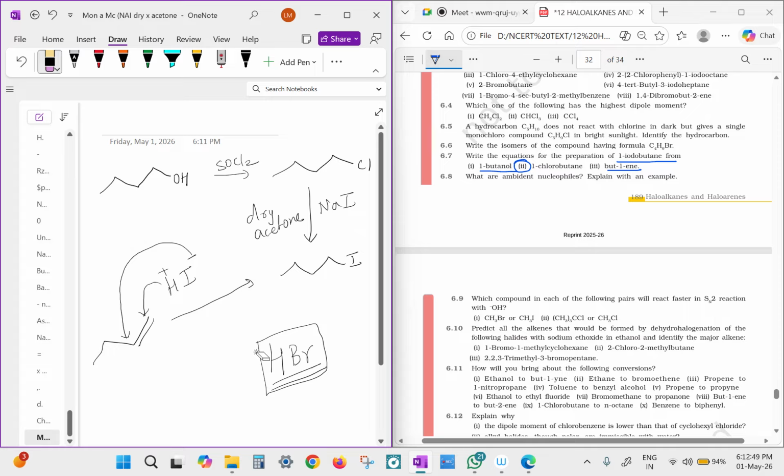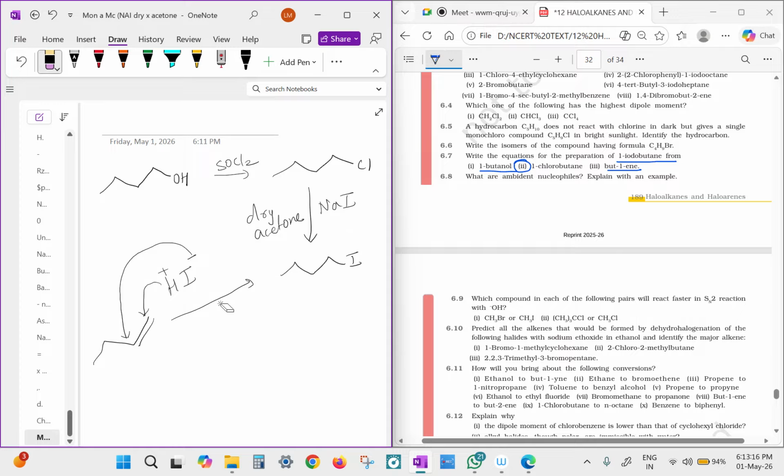So you cannot do the anti-Markovnikov addition. Even if you provide it with a peroxide, the anti-Markovnikov addition doesn't happen. It is still the Markovnikov addition. Anti-Markovnikov goes via free radical, and with HI the energetics doesn't tally up.